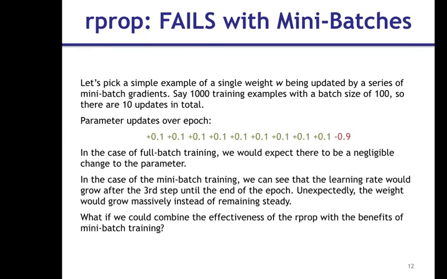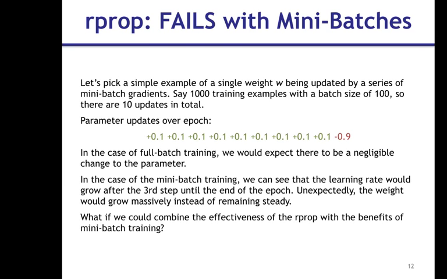Okay, so rprop is great, but it fails with mini batches. So you can see that if we make, I think this is 10 updates here, in full batch learning, if this was a full epoch, you would only do a single multiplicative increase at the end.